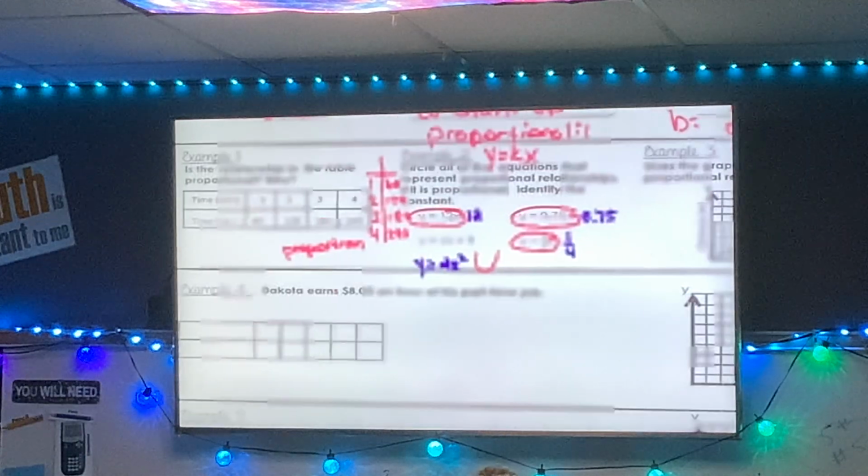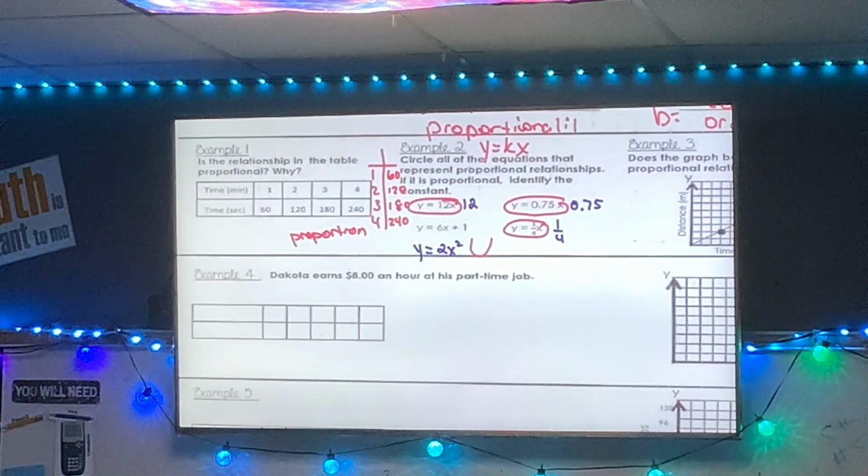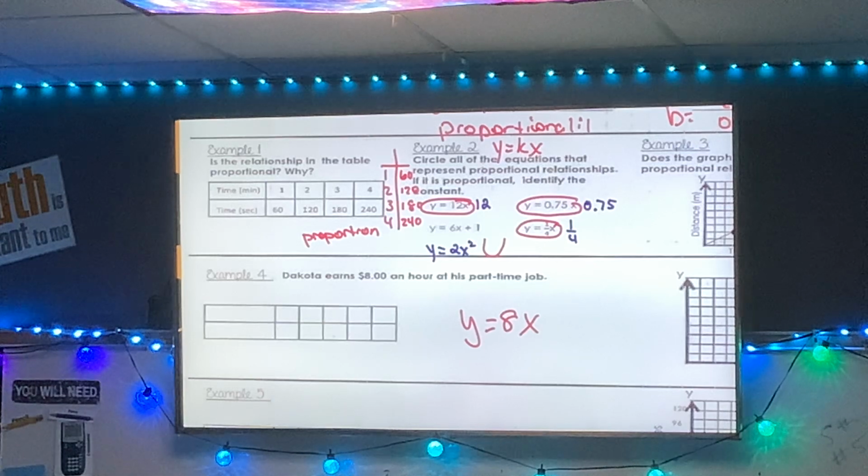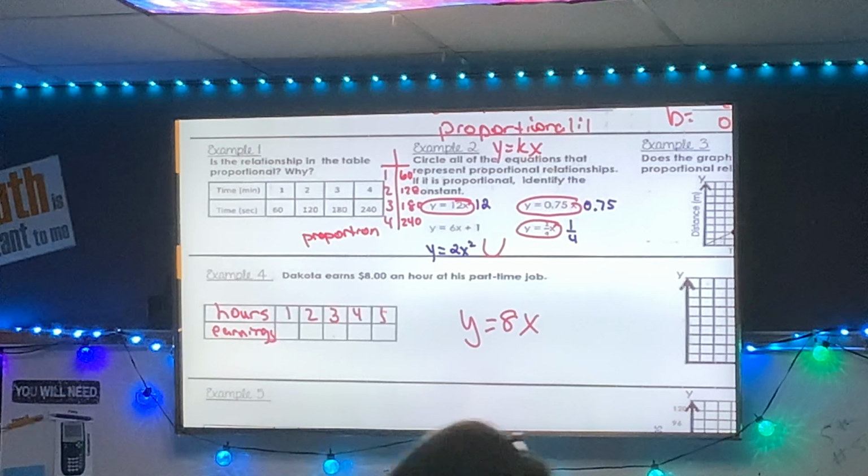Okay. Now, Dakota earns $8 an hour at his part-time job. How would I write Dakota's equation? Y equals 8x. Perfect. So we would have hours and earnings. 1, 2, 3, 4, and 5.